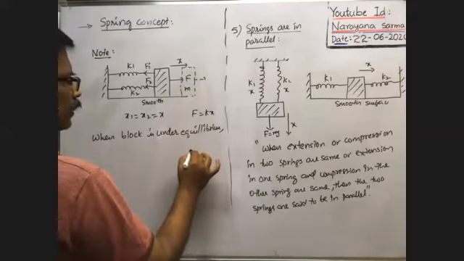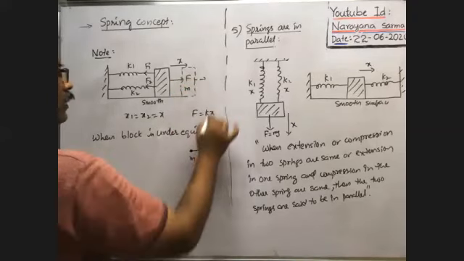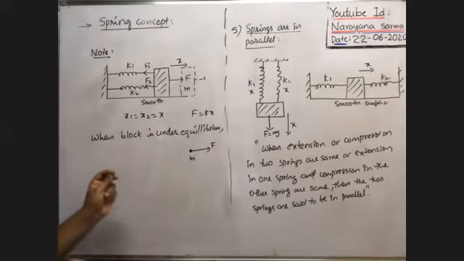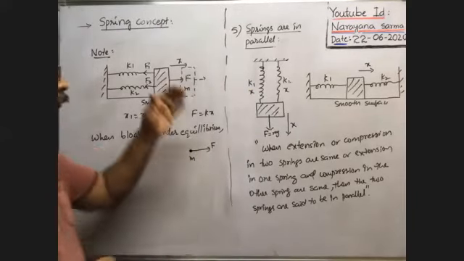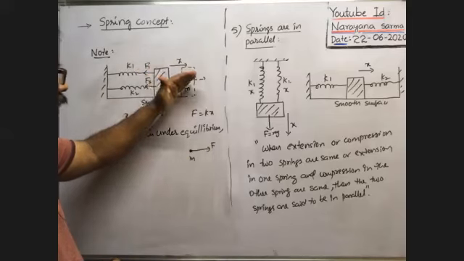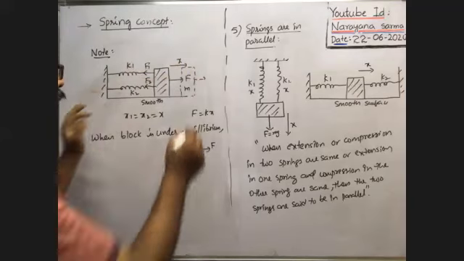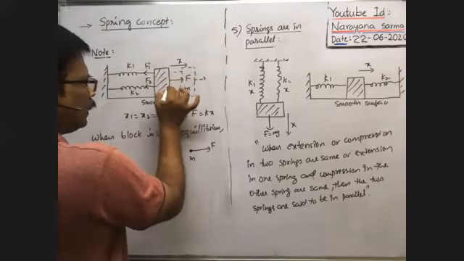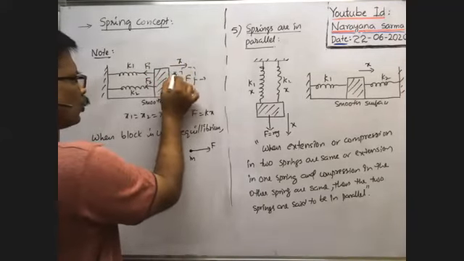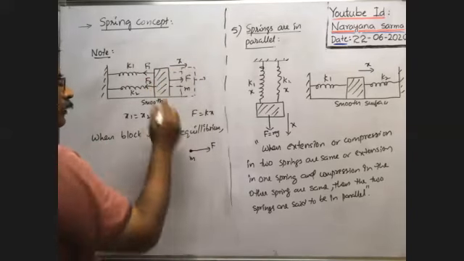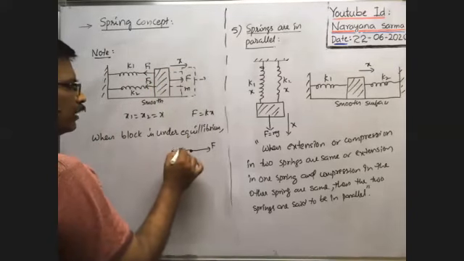Then what are the forces that act on the block? Applied force in this direction. Next, what are the forces that act on the block? Whenever the block is displaced through a distance x by applying force here, these two springs are there, no? The spring forces developed in the two springs pull this block backward by applying forces F1 and F2.